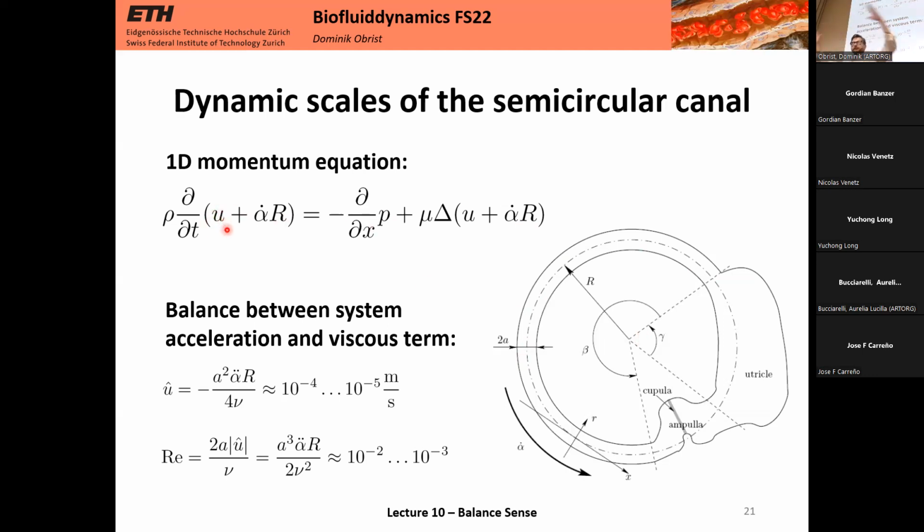And in the inertial system, of course, we need to also reflect the motion of the head. So this is the head motion. The velocity of the head, alpha dot, the angular velocity times R, the major radius R. So this is the velocity of the canal due to the head motion plus u, and that's the fluid velocity. Okay. And of course, the same goes also here in the viscous term.